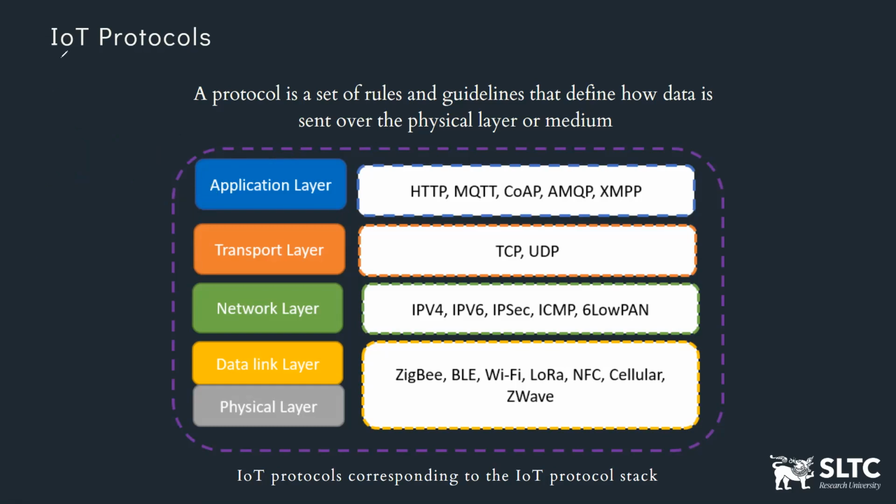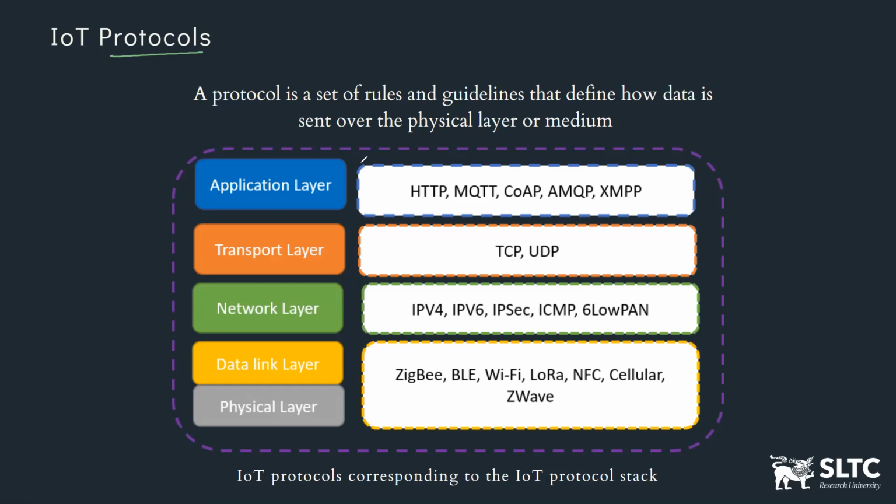So IoT protocols, in general, are a set of rules and guidelines that define how the data is sent or transmitted over the physical layer or the medium. So we are talking about the IoT protocols, which define how the data is transmitted over the physical layer or the medium.